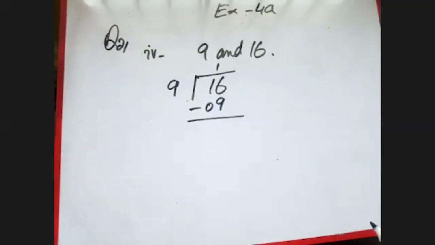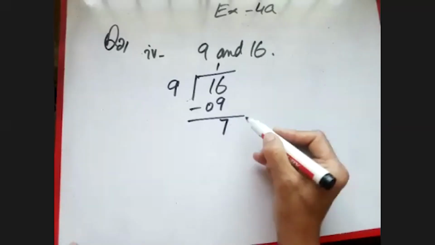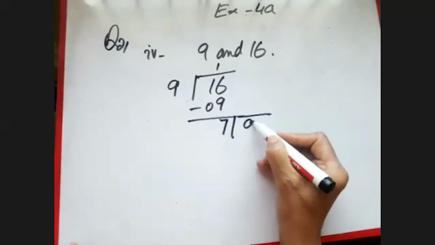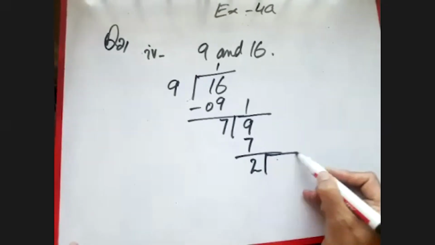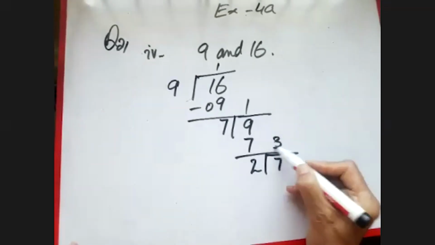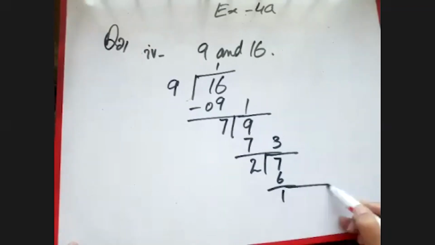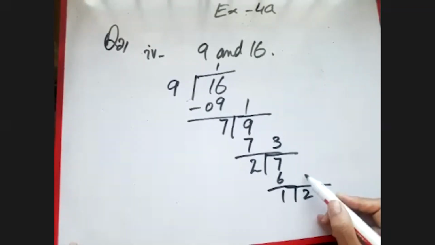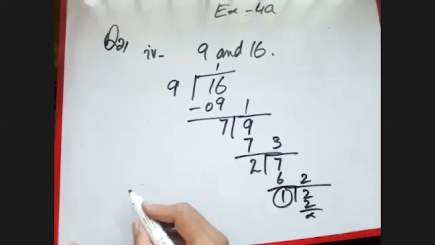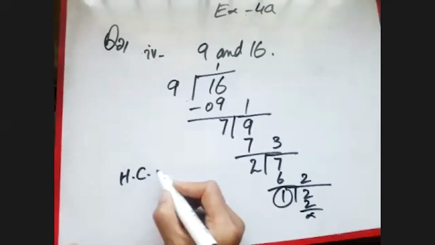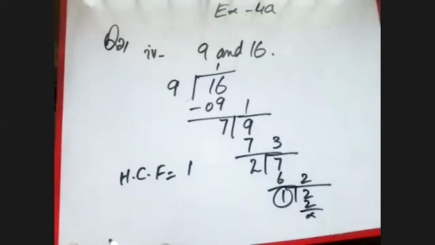Do the subtraction. 7 left. 9, 7, 1 is 7. 2 is left and 7. 3 2s are 6, 1 is left. 1 1 is 1, 2 1s are 2. So your HCF is 1. 9 and 16 are co-primes.